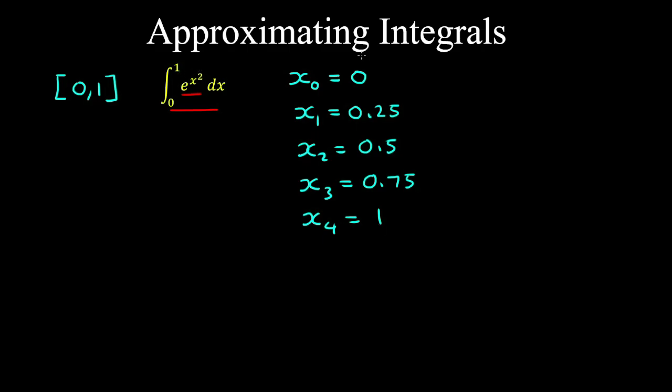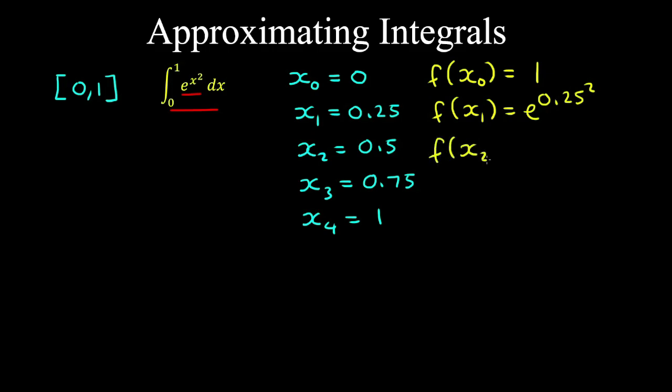And now using the integrand, we'll compute f of x0, which is e to the 0 being 1, and then f of x1 is e to the 0.25 squared, and f of x2 is e to the 0.5 squared, and so on.